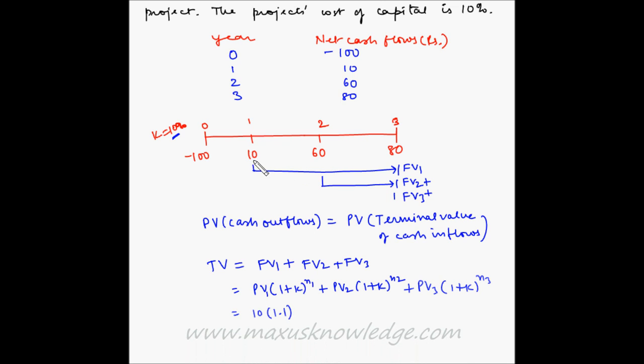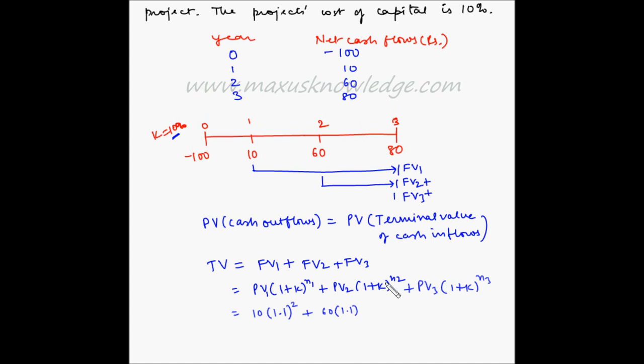Now this 10 rupees will be compounded for the next 2 years. So this is 2, plus PV2 is 60 into bracket 1.1. 60 will be compounded for 1 year. So this will be 1, plus PV3 is 80 into 1.1.